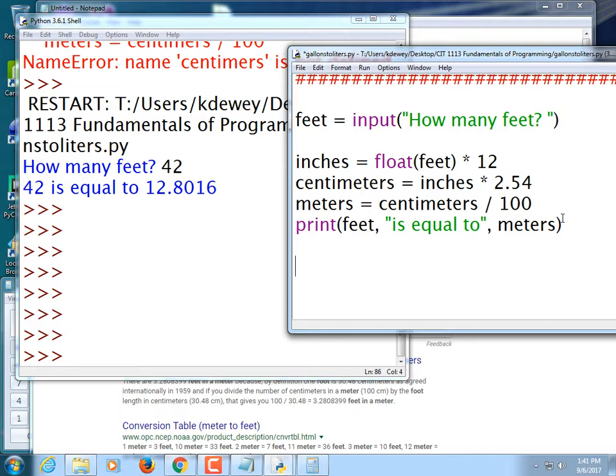Has yours ever run correctly? It has? Can't see the other file, okay. You shouldn't have to open the new shell, because it should be there.